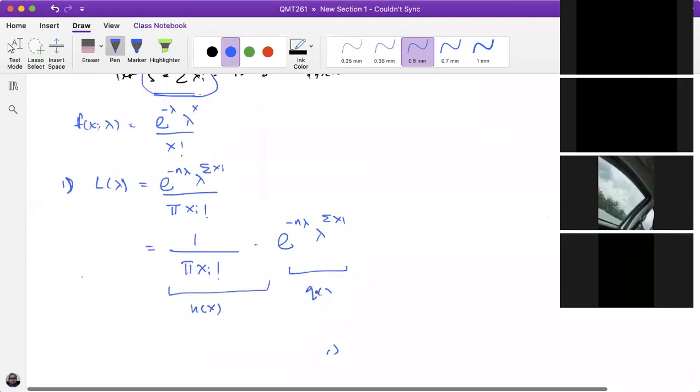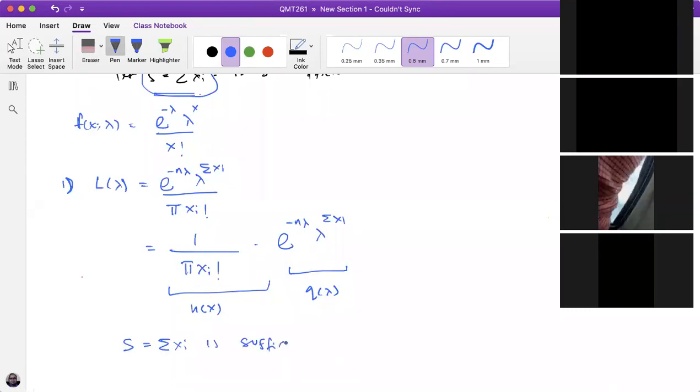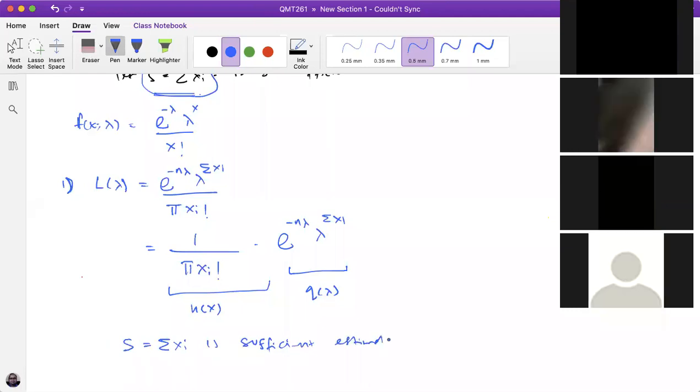So since we can factor this, we can conclude that, not lambda hat, the S, the summation of xi, is a sufficient estimator for lambda. Okay?